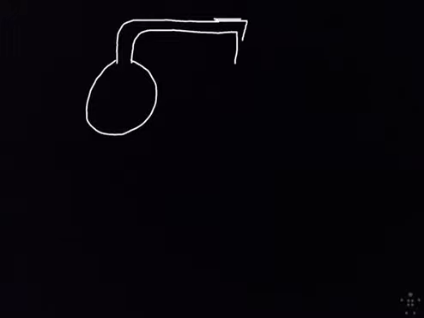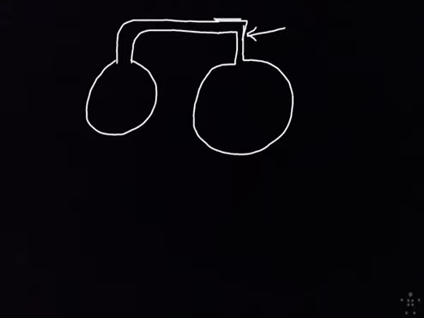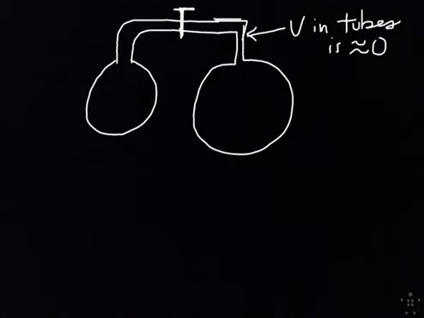We're going to say that the volume in these tubes is approximately 0. So we're going to neglect the volume in the tubes. Here's our little stopper. We can plug the passage between the two flasks.